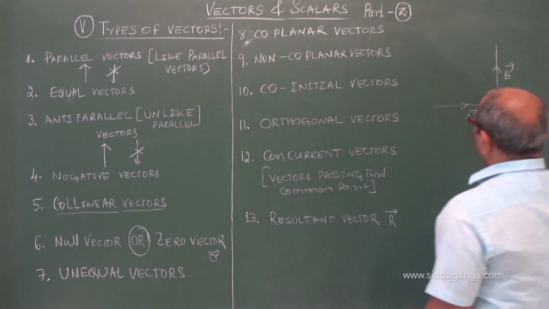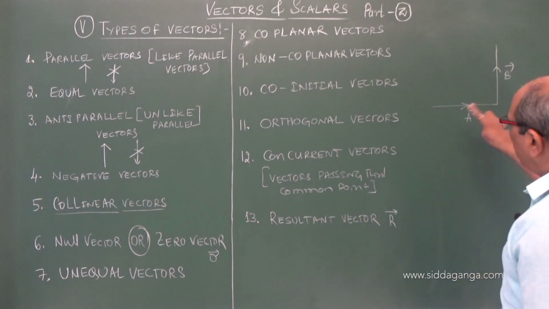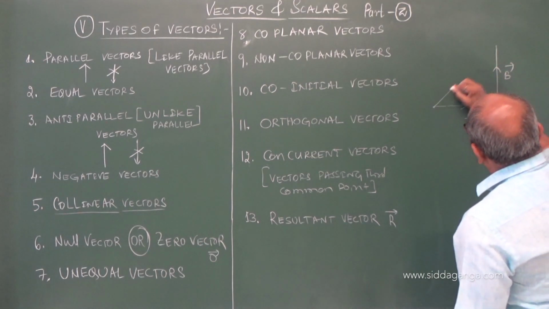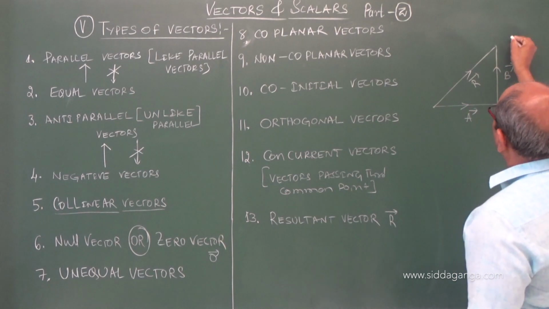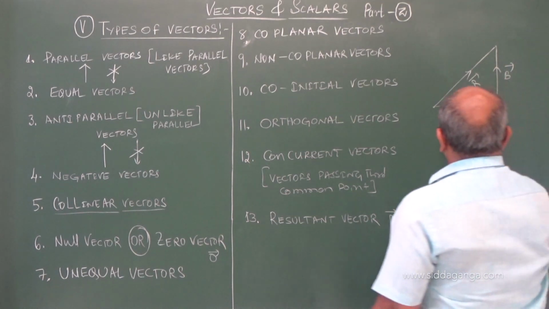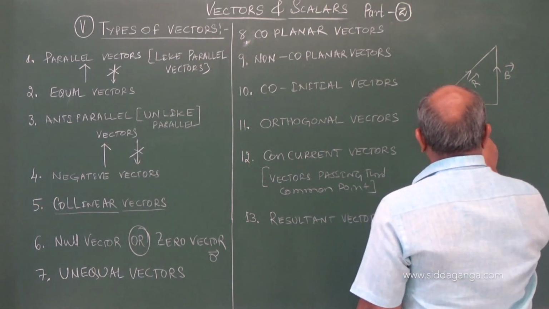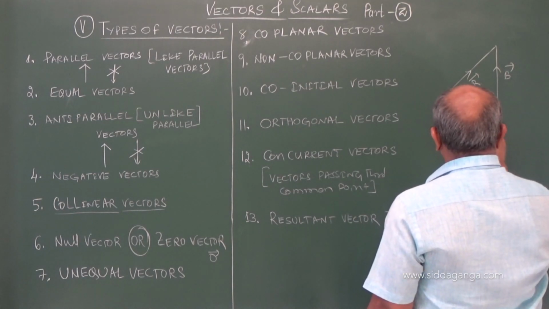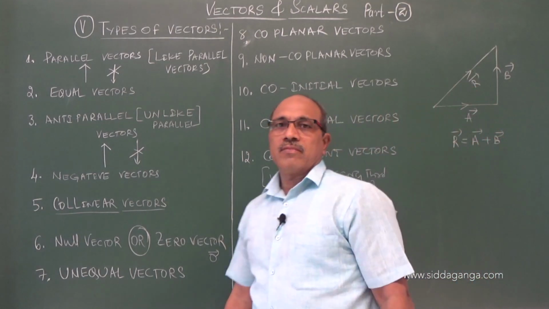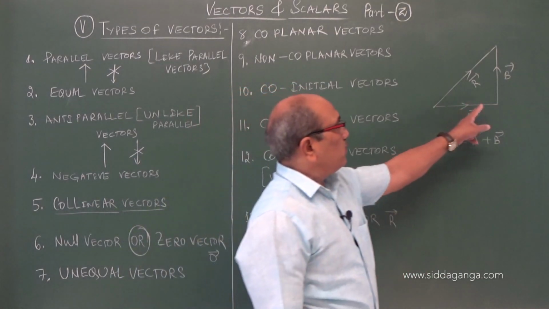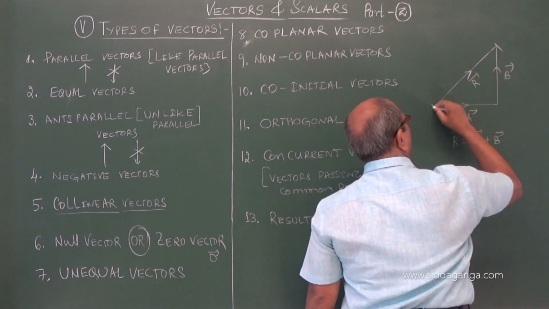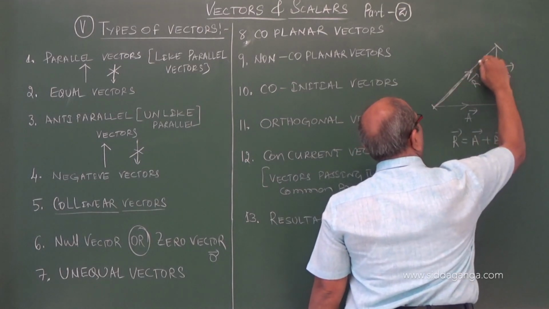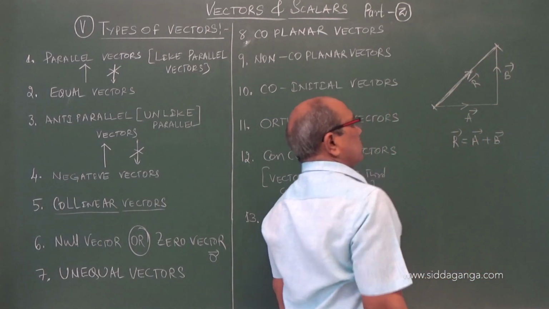They act in two different directions. When I add the two, I get a vector, and that is the resultant vector. What is R? R is nothing but A plus B. When adding the two vectors, I got R with its magnitude and direction. This vector which I am showing is the resultant vector.